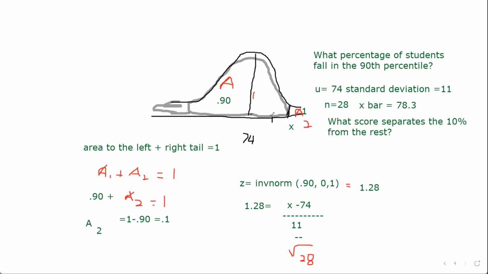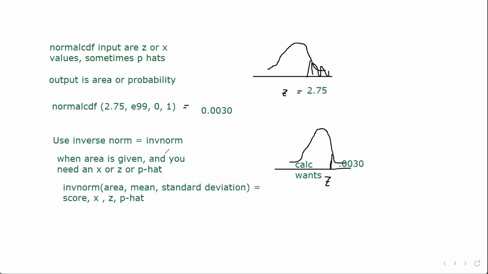We're here, right? We don't know where the 90 is, so I would have to calculate this and then do some algebra to manipulate it. But the difference between normal CDF and inverse norm is in what you're given, whether you're doing one value or many.